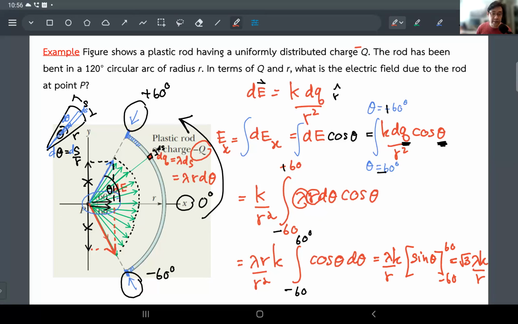It points to your right along the positive x-axis with the magnitude of √3 lambda K over R. Woo. Okay, I think that is it for vector calculus in electric field. No more. This is the last exercise that I want you to try. You might have to go back and try it yourself again.